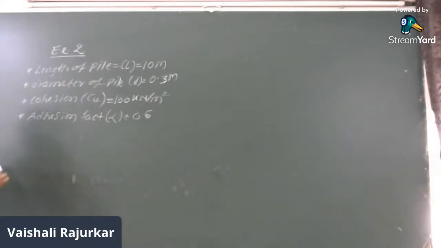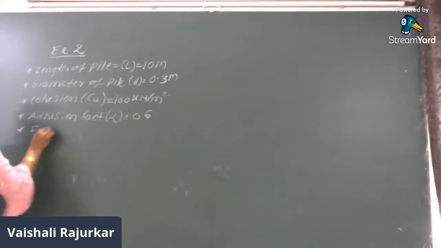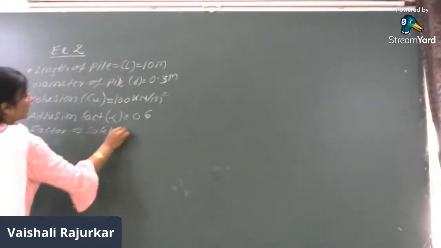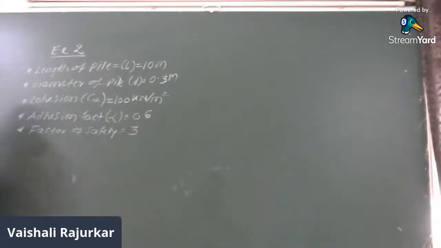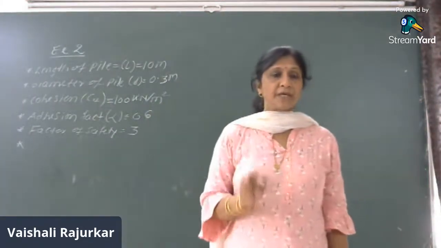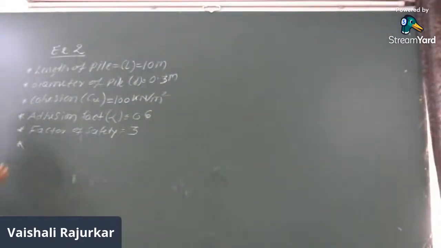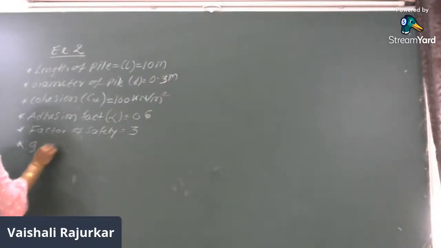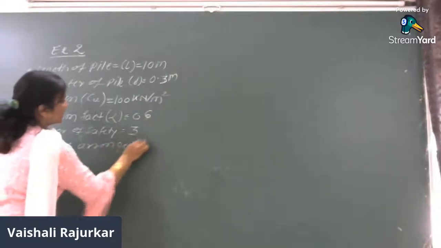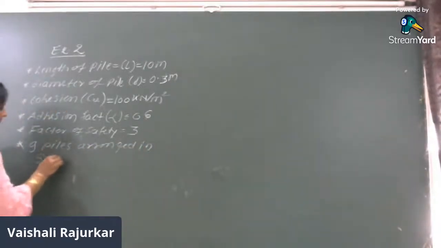Then here, factor of safety is taken as 3 and the 9 piles which are arranged in a square pattern is given.